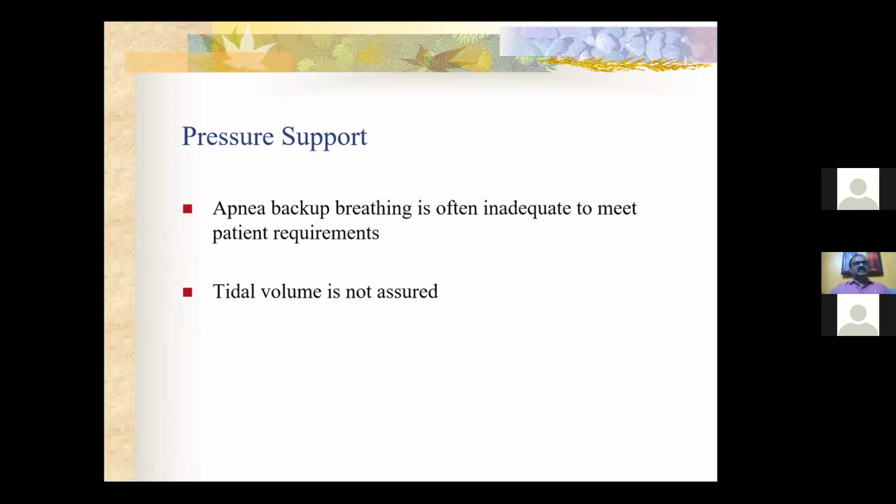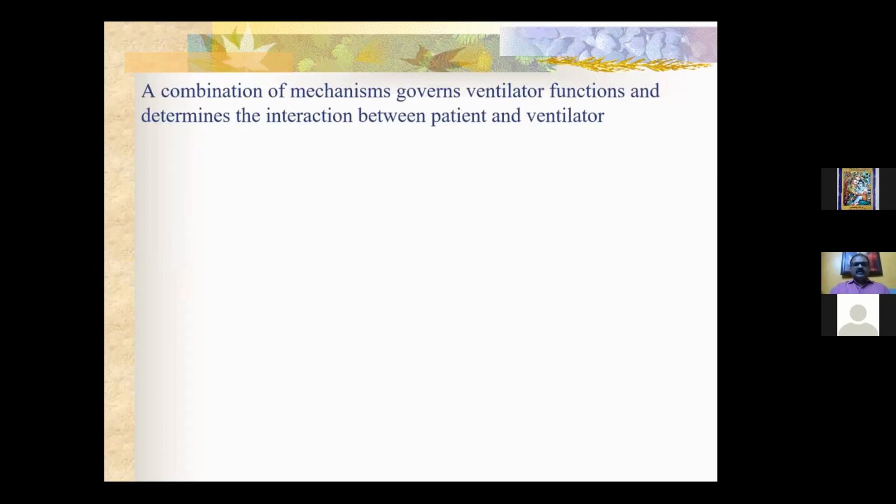Most of the time, if you are not doing it properly, apnea backup breathing is often inadequate, in case of only the pressure support, or the pressure that is going to be given by the ventilator if the patient triggers a breath. And it can vary according to the patient's lung compliance and all. So the tidal volume is not assured.